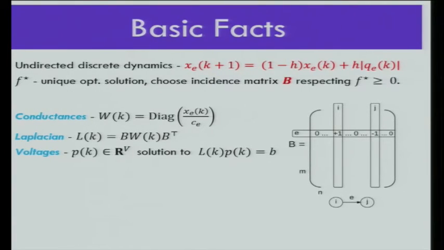We will use p to denote voltages or potentials. Then we have these currents, which are just obtained by using Ohm's law, by looking at the potential difference across each edge and then multiplying it by the conductance. So these are the currents.